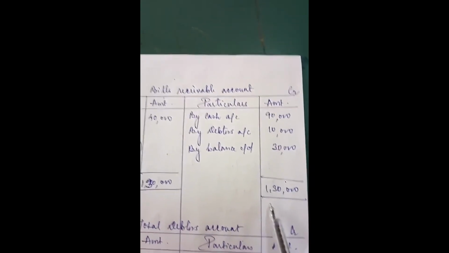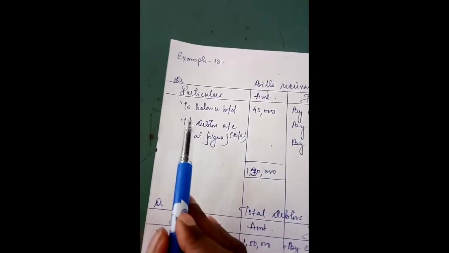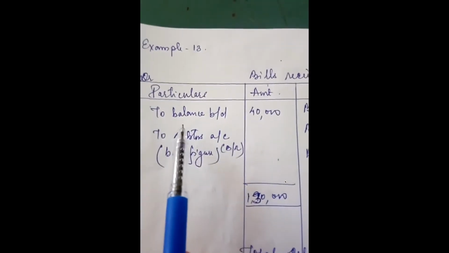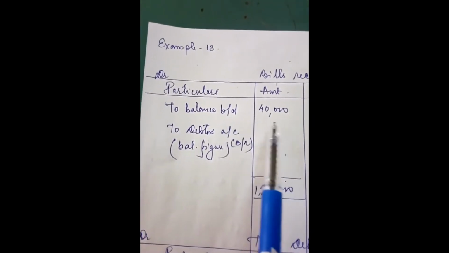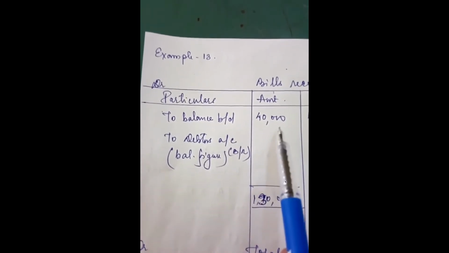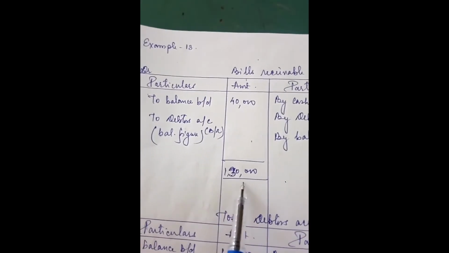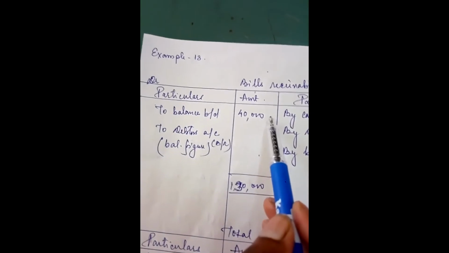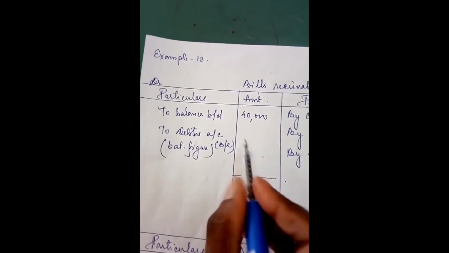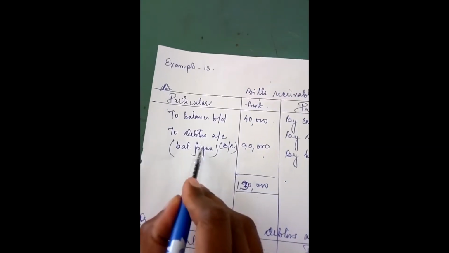You add all this, you get this total 1,30,000. On this side you write to balance b/d, which is the opening balance, 40,000. From 1,30,000 we minus the 40,000 and we get 90,000. So this is to debtors account.